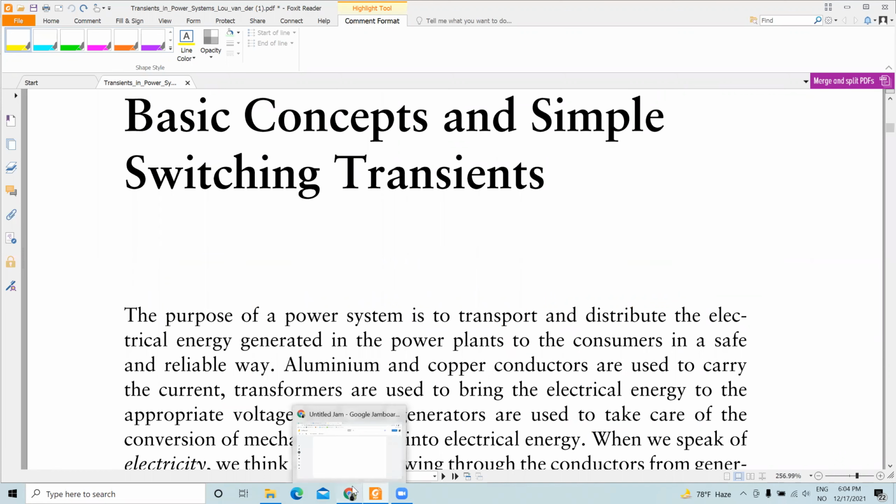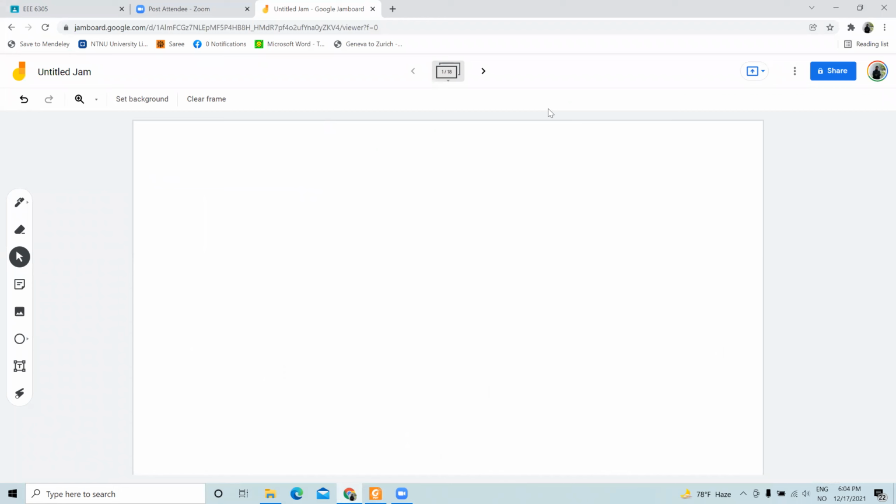The reason we are doing this is because in the power networks that we have in a power system, we have normally generators, and then this generator is connected to a transformer, which steps up the voltage, and then you normally have a transmission network.